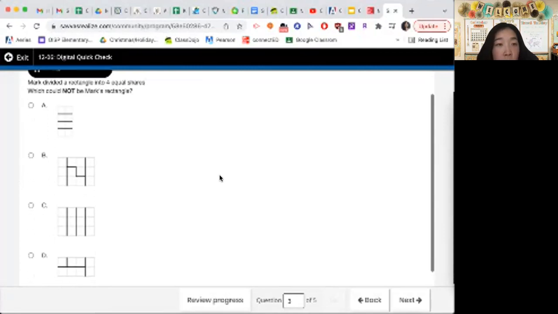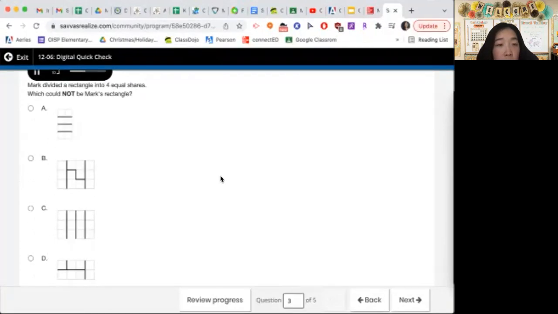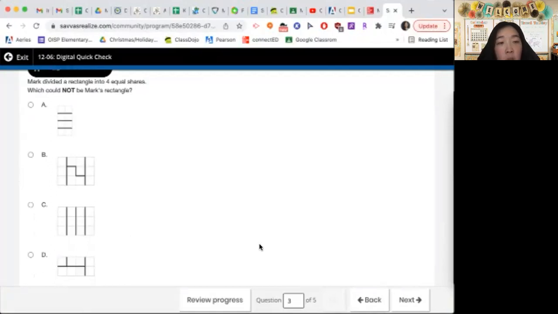Mark divided a rectangle into 4 equal shares. Which could not be Mark's rectangle? Okay, so we need to make sure that they're equal. We need to have 4 equal shares. So there's 1 for one person, 1 for another person, and so on, altogether 4 here.